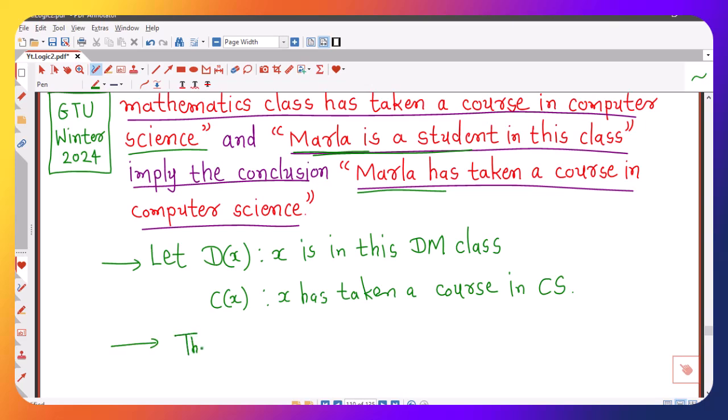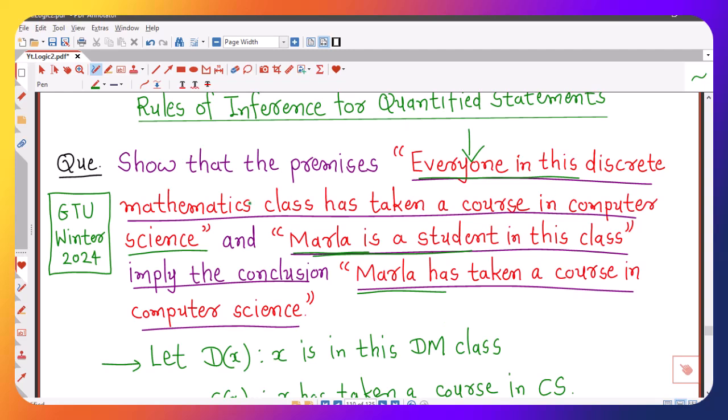Using these notations, the first premise is: everyone in this discrete mathematics class has taken a course in computer science. This we can rewrite as: if x is in the discrete mathematics class, then x has taken a course in computer science, and that is true for all x.